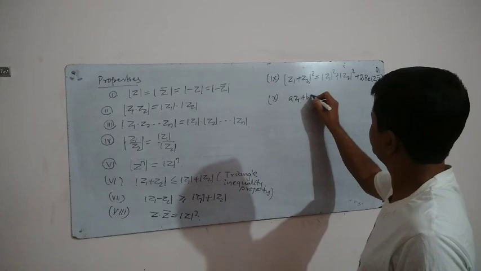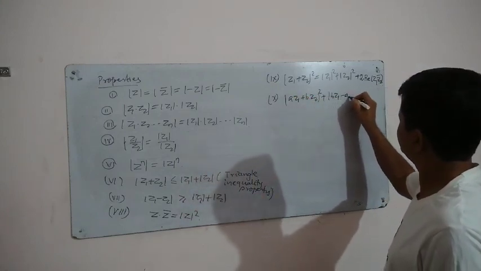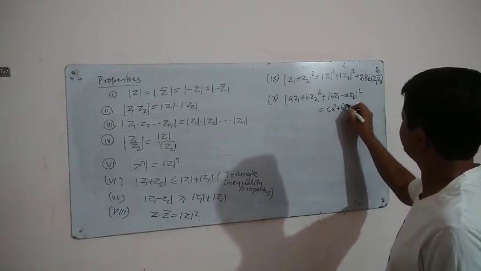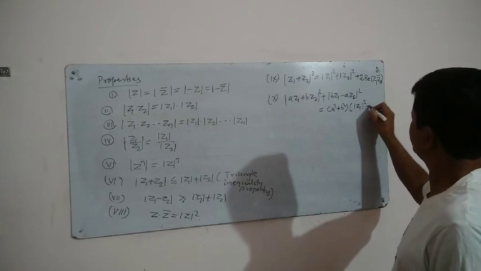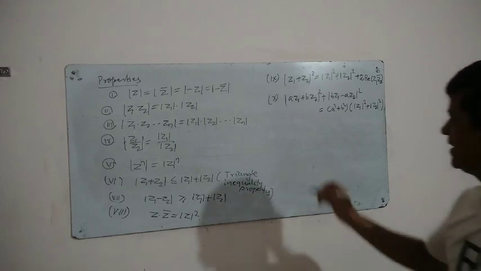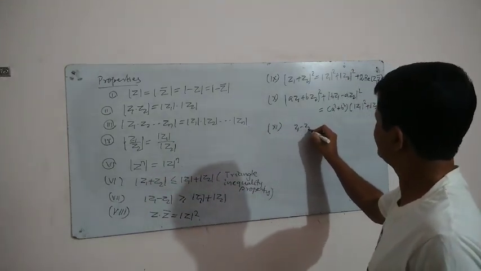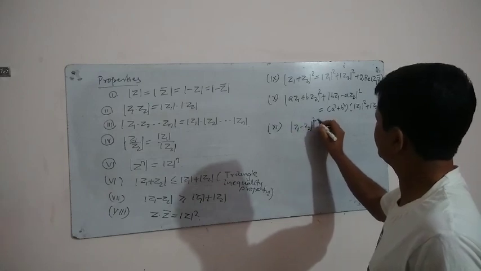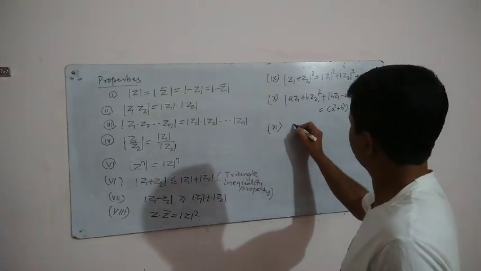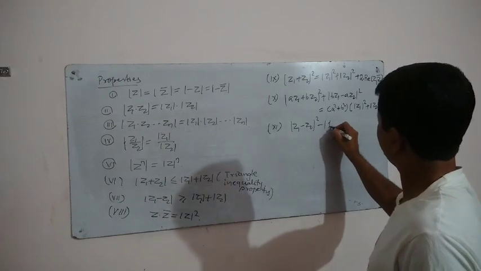Next is a Z1 plus b Z2 modulus squared plus b Z1 minus a Z2 modulus squared is equal to a squared plus b squared into mod Z1 squared plus mod Z2 squared. And the next one is Z1 minus Z2 mod squared.